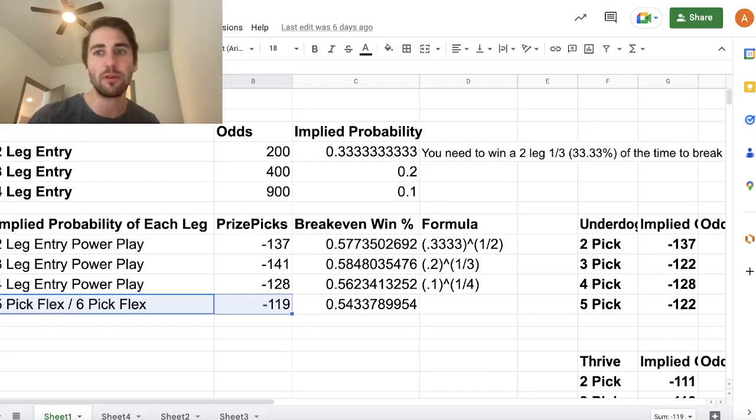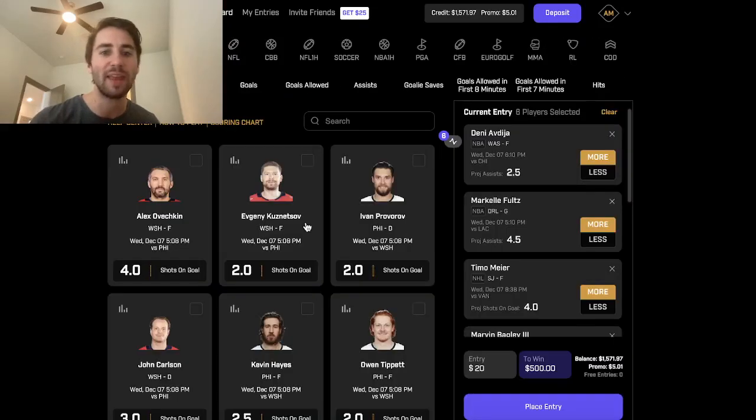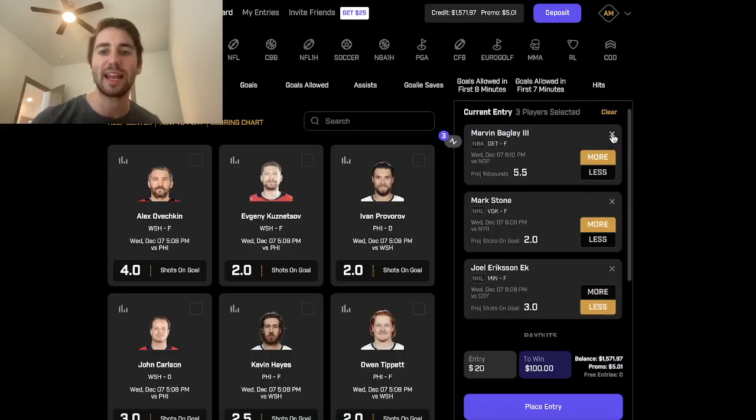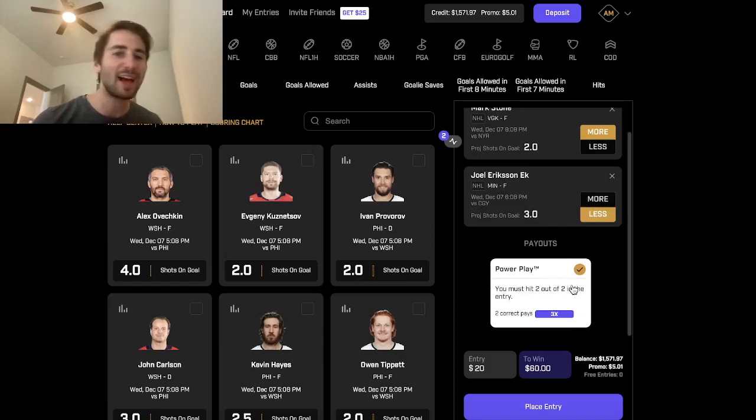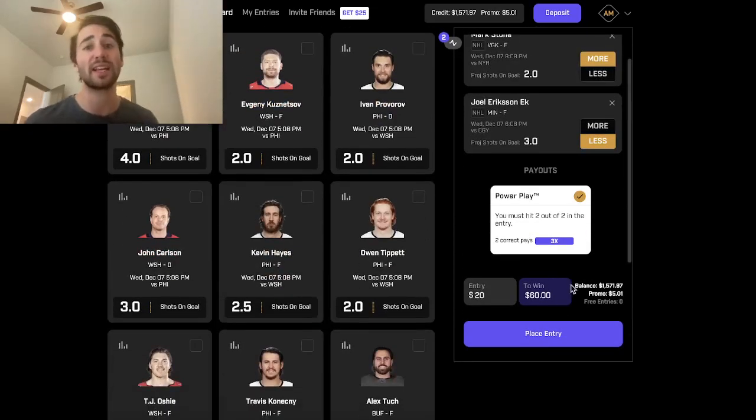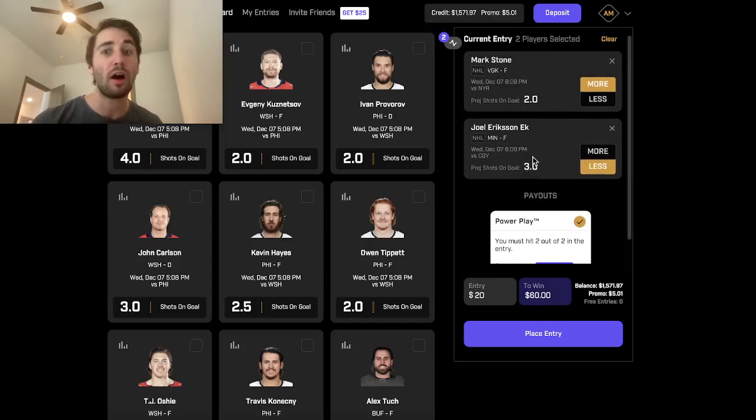So when you first look at PrizePicks, you may think, I don't understand how this platform works. It's not like a sportsbook, but it is like a sportsbook. They just don't have odds on their website. For example, on PrizePicks, any 2-pick entry you create, you're going to see 20 to win 60.